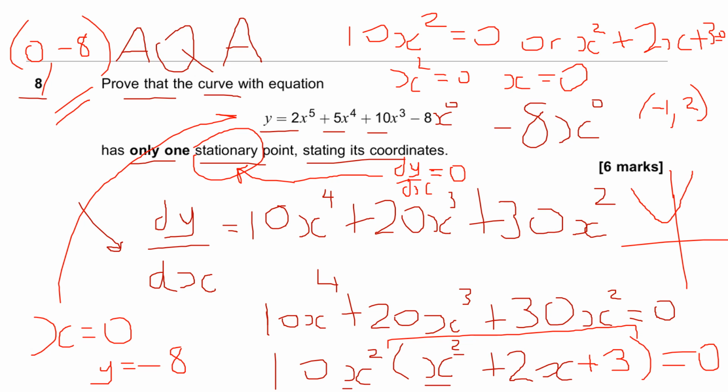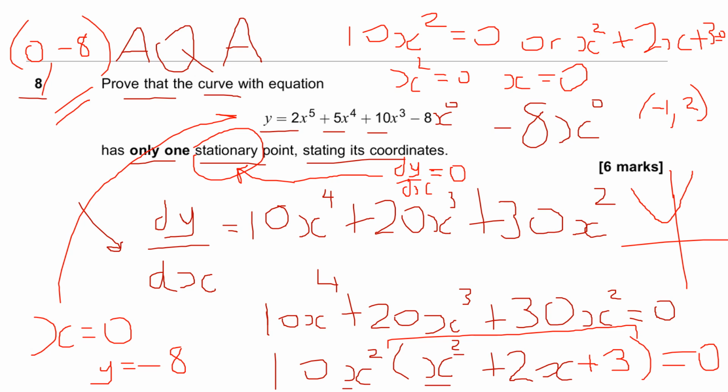For a stationary point, it's always when the first derivative is equal to 0. So you set the first derivative equal to 0 and then solve it, whether it's a quadratic, a cubic, a quartic, a quintic, and so on, using the formula or whatever you're given. When I do that, this quadratic has no real solutions, because b squared minus 4ac is less than 0.